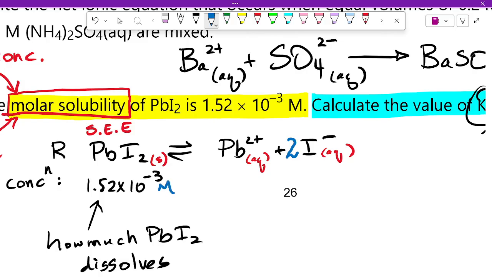So if lead iodide is 1.52 times 10 to the negative 3 molar, what is the concentration of lead? It's the same. 1.52 times 10 to the negative 3 molar. And what is the concentration of I? 2 times 1.52 times 10 to the negative 3 molar.